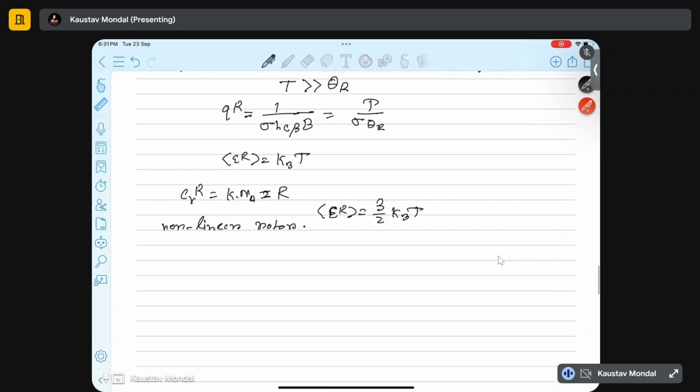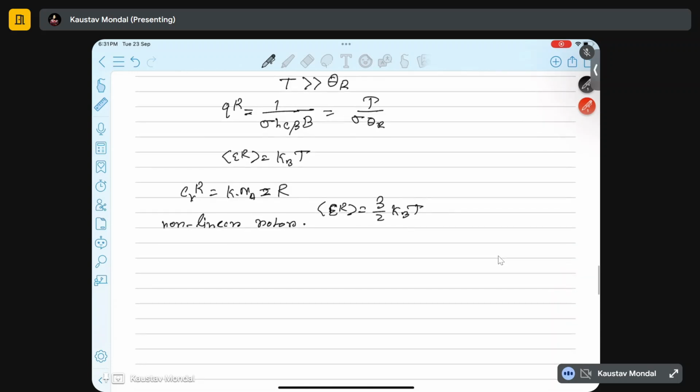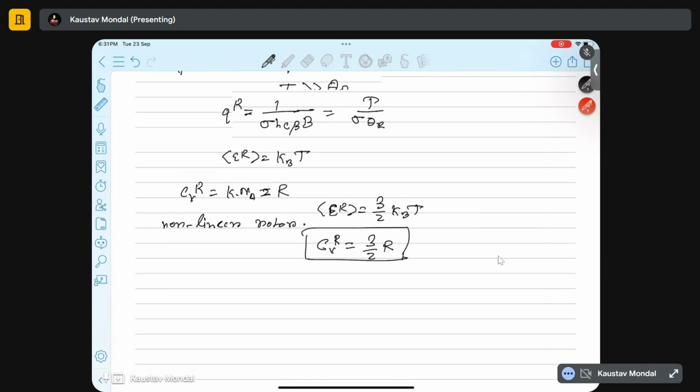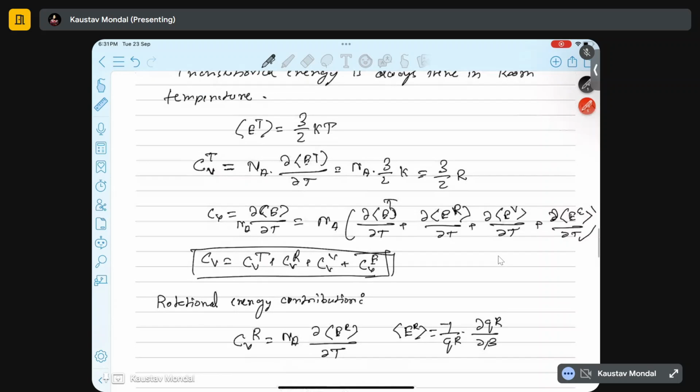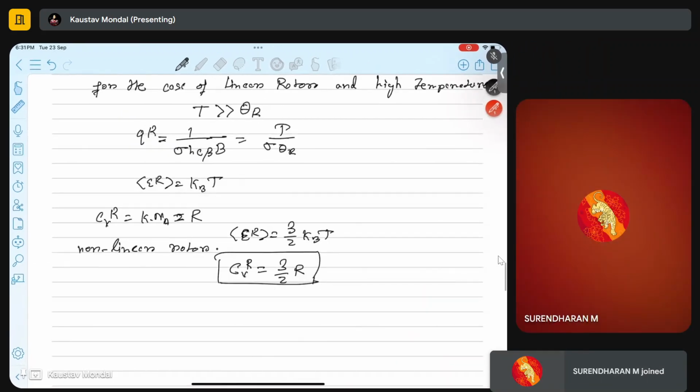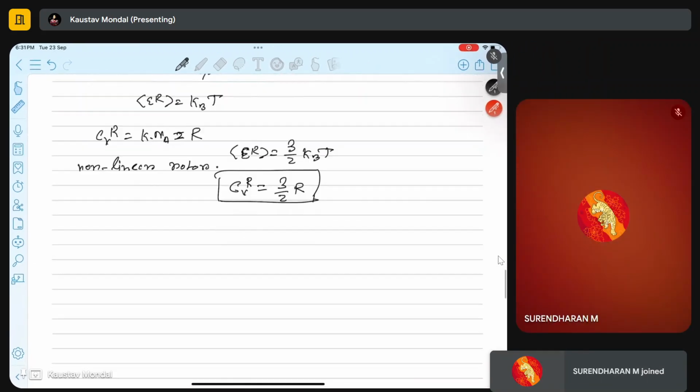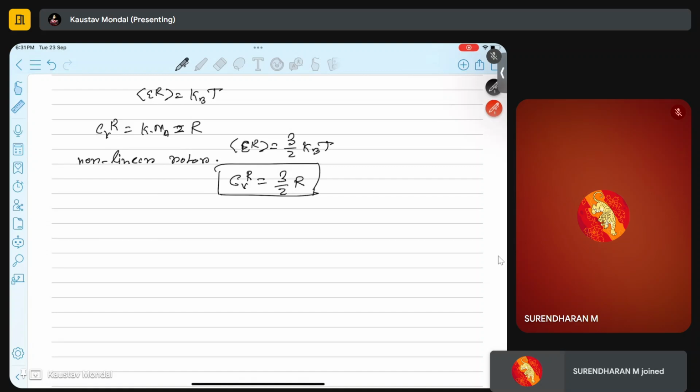If ER is 3 by 2 kT, then the CVR would be 3 by 2 R. So this is the expression of specific heat for the non-linear rotor.